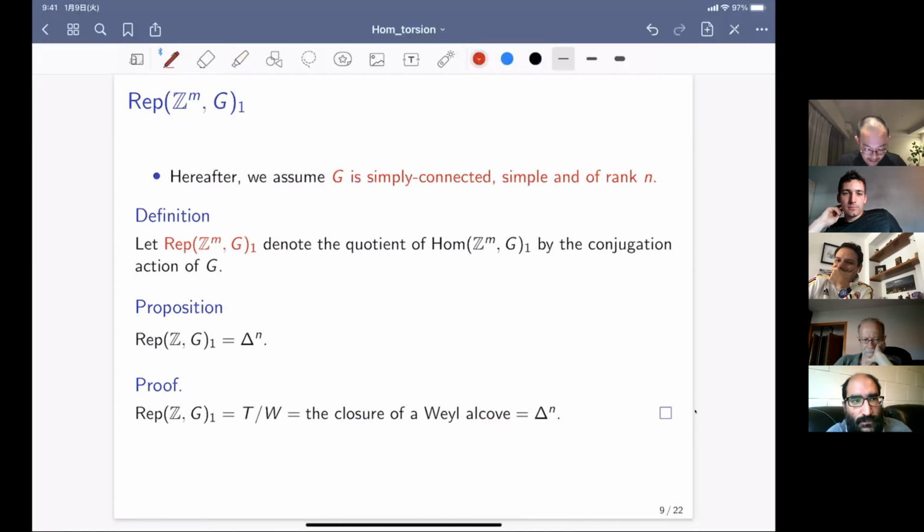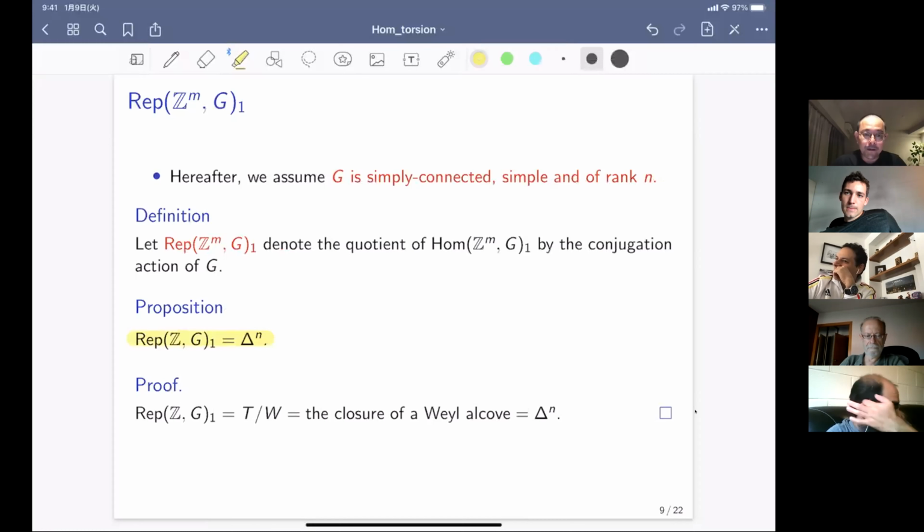And as I told you, if G is simply connected, Rep(Z, G)_1 is very simple. It's an n-simplex where n is the rank of G. The proof is this. By definition, Rep(Z, G)_1 is the quotient of G by its conjugation action on itself.